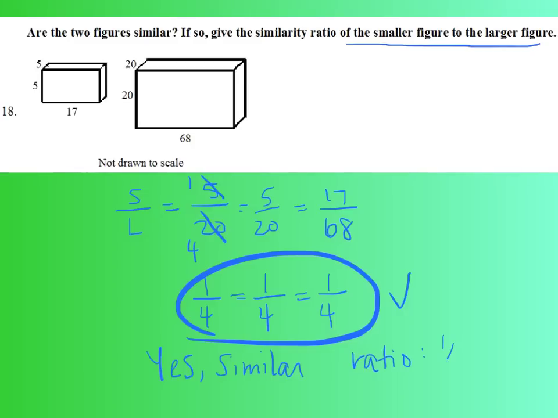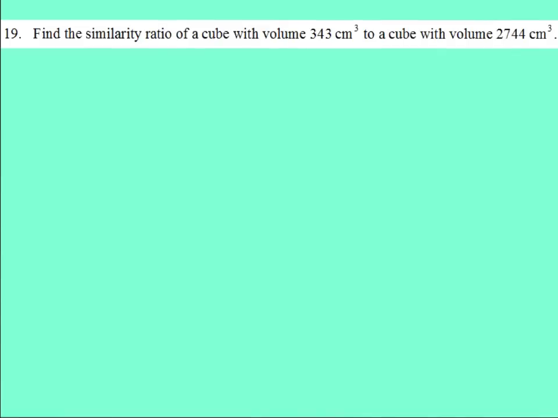All right, this next one asks me to find the similarity ratio of a cube with volume 343 and a cube with volume 2,744. Now, it's very important that we remember we have similarity ratio, which is equal to like your perimeter ratio, or any single dimension.